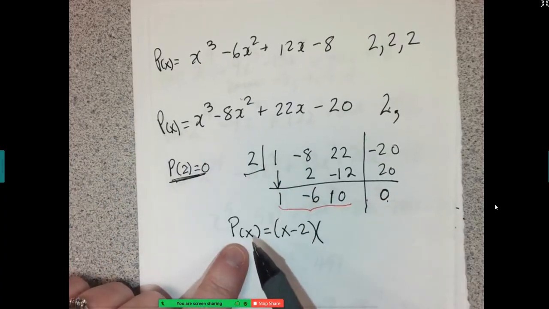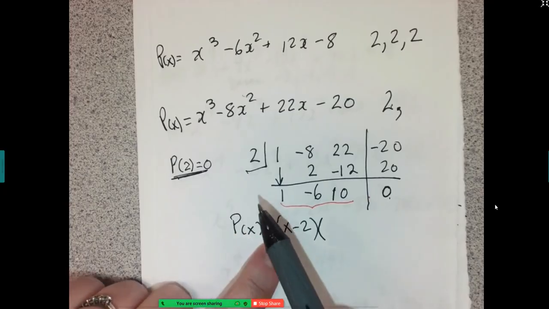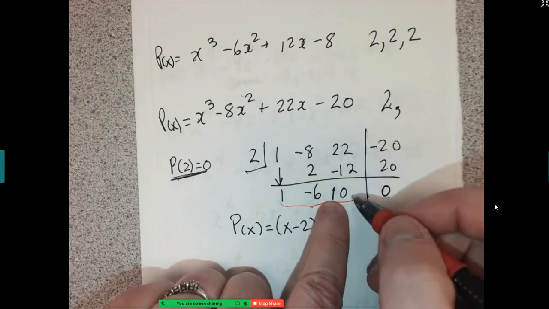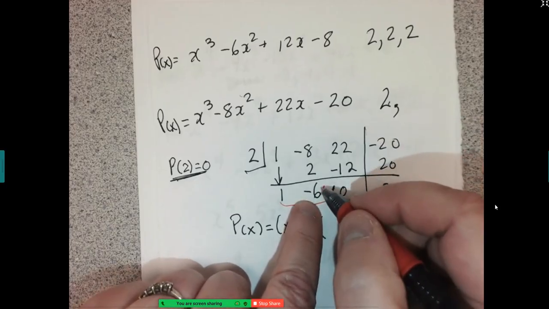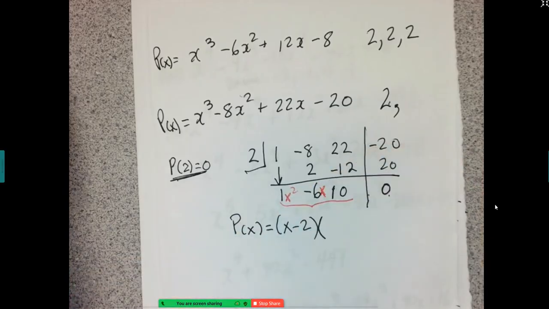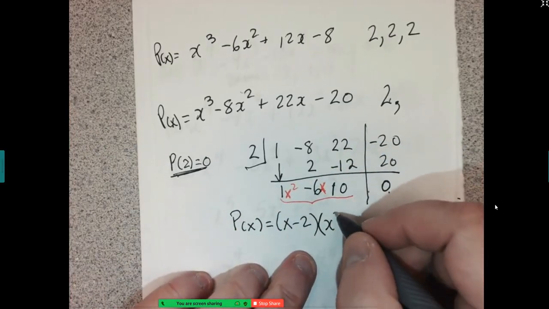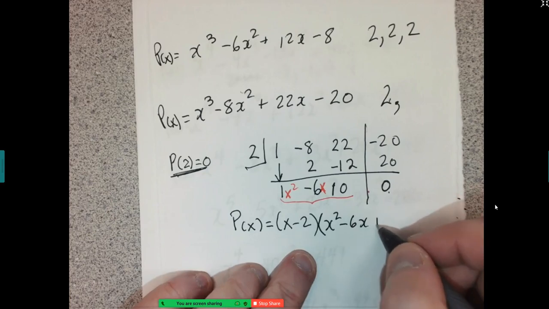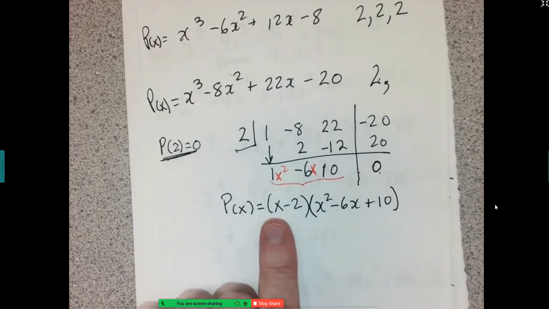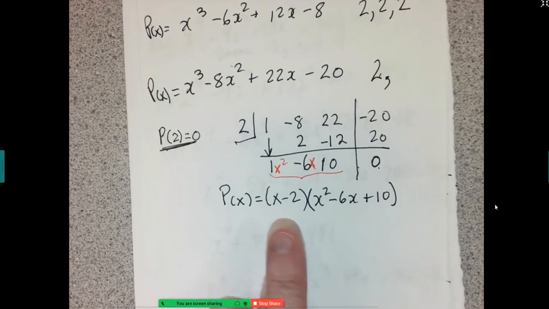So I can rewrite my polynomial P of x as x minus 2 times the quotient. So if I start here at the line, that's my constant, that's my coefficient for x, that's my coefficient for x squared. Now, if I want to get all of the zeros, I can certainly see that one of them is 2.